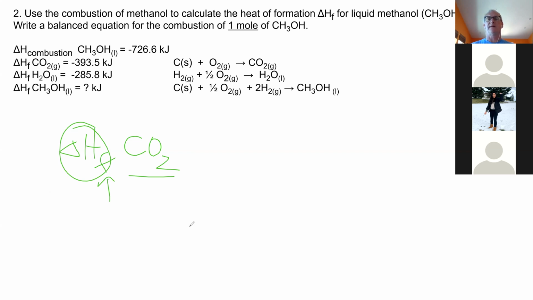No, not specifically. This one is combustion, yes, because we're combining it with oxygen. But for heat of formation of basically anything, what's different about the reaction? There's something that means something specific. What does it mean? What are you forming it from?